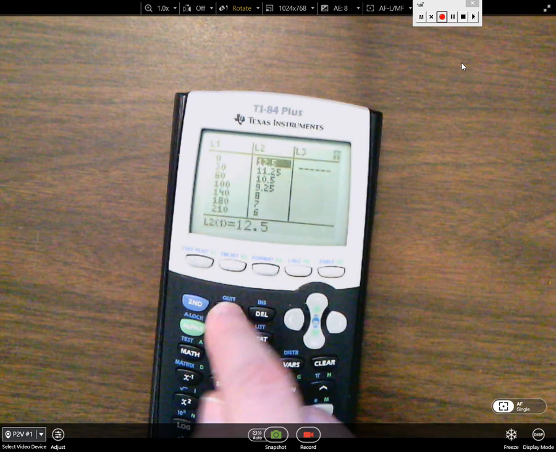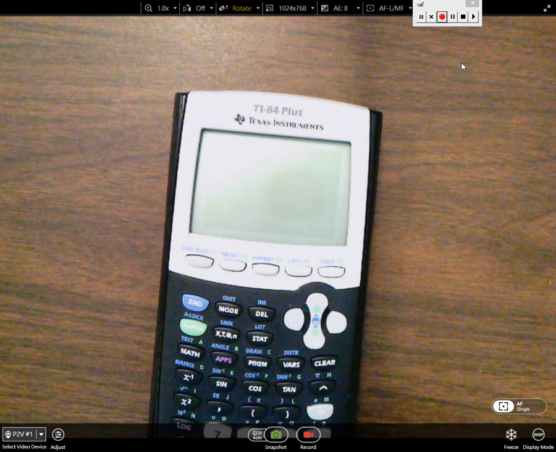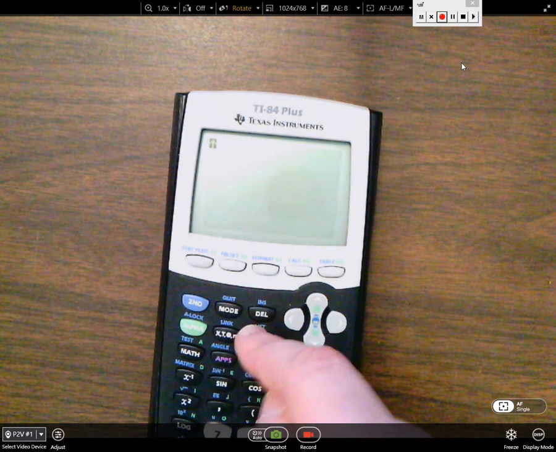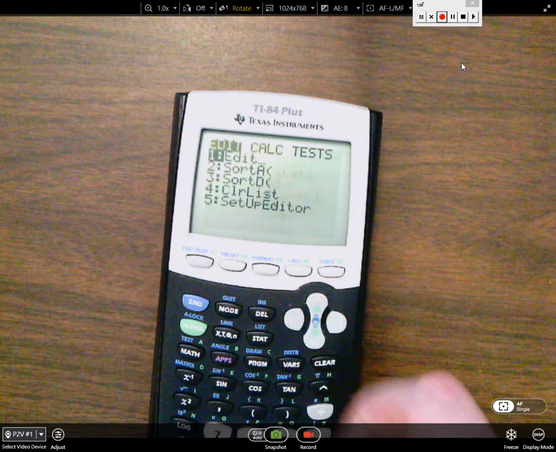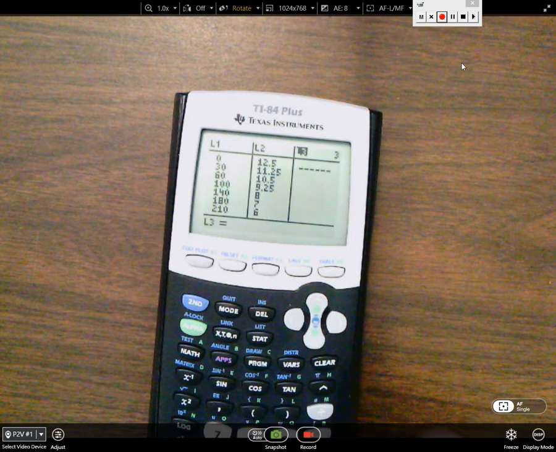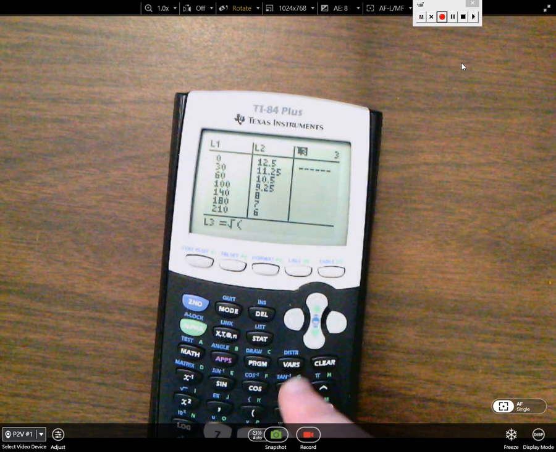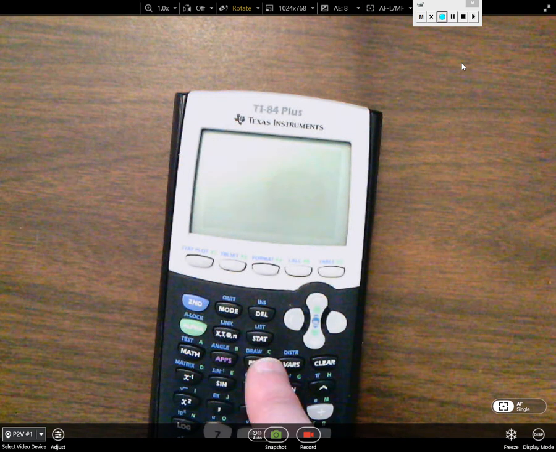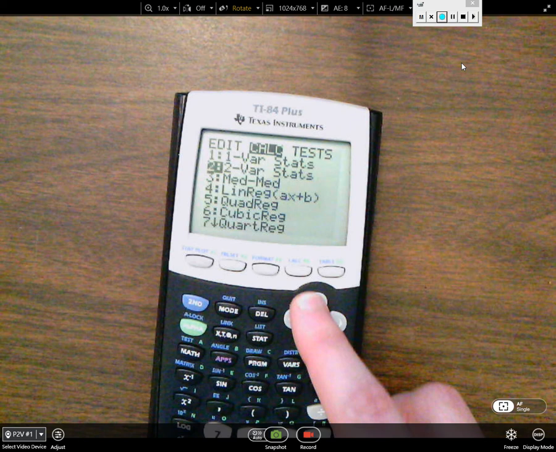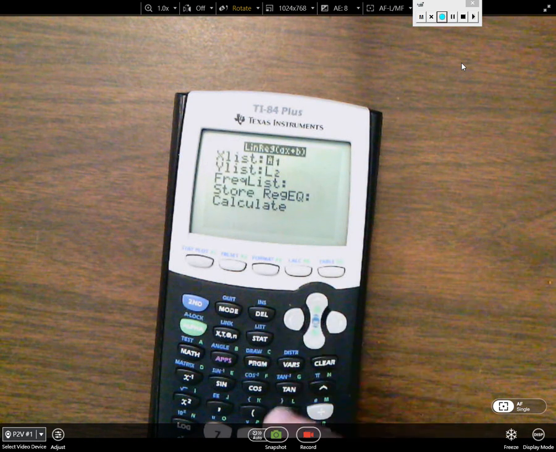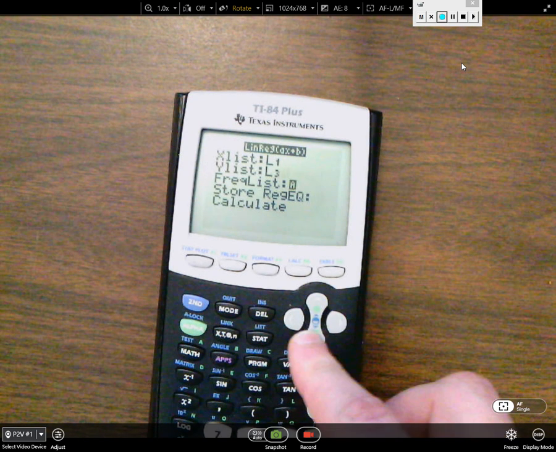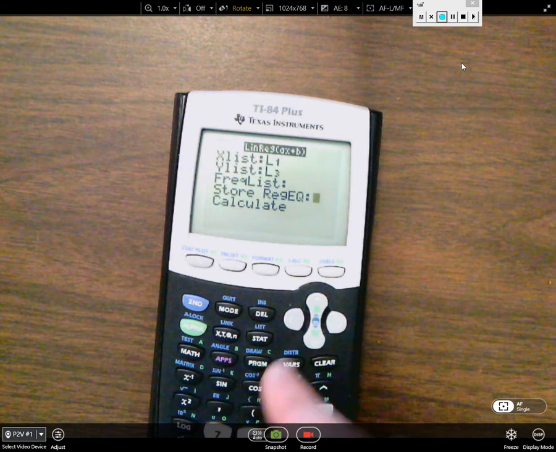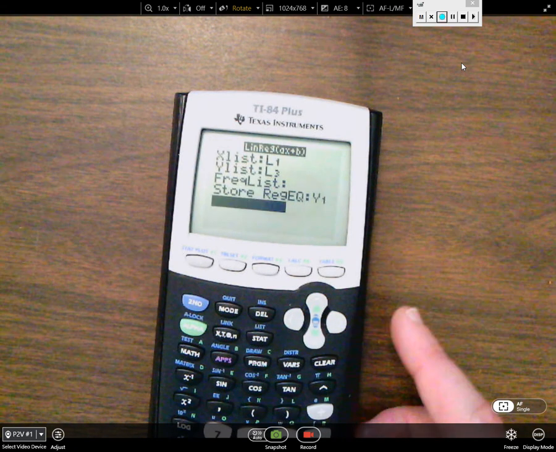All right, looks good. I assume you already did the other things, but let's go to L3 and define that to be the square root of L2. And now I'm going to do a regression, linreg, L1, L3, and I'll store this in Y1 just for fun.